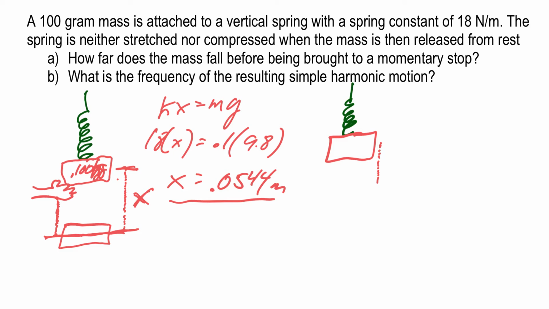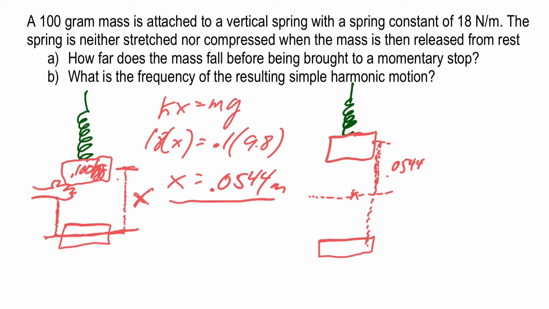This potential energy is going to start changing into kinetic energy, right? So it's going to stretch out the spring. When it reaches the equilibrium point that we just found, 0.0544, it has maximum kinetic energy, and then the spring's going to start stretching beyond the equilibrium point, slowing it down and stopping it.